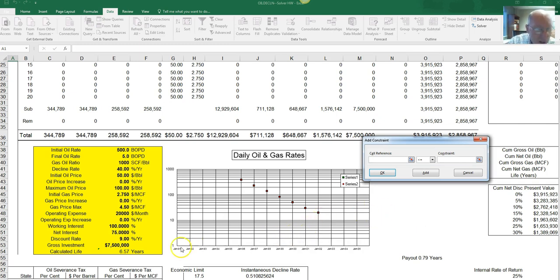And now I think the drilling cost, the gross investment in the well to be more precise, is going to be greater than or equal to 7.5 million. I think I did that one backwards. So it's going to be greater than or equal to 7.5 million.